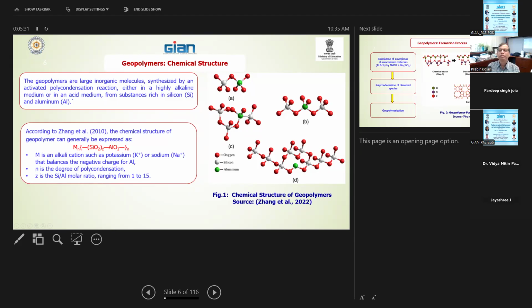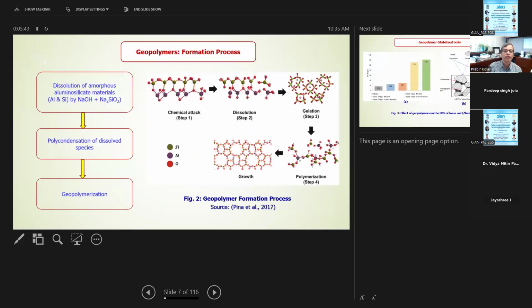Most of the time, as I mentioned, you can change the silica and alumina, and you also need to use the alkali, mostly either sodium hydroxide or potassium hydroxide, and sodium silicate. The first phase is dissolution of amorphous silicate material. Clay mostly has silica, alumina and iron, right?